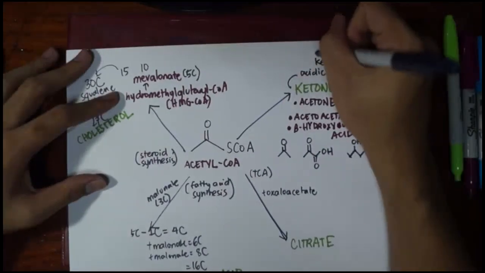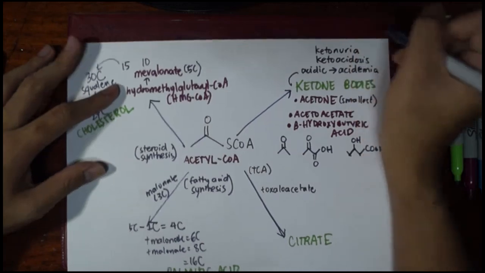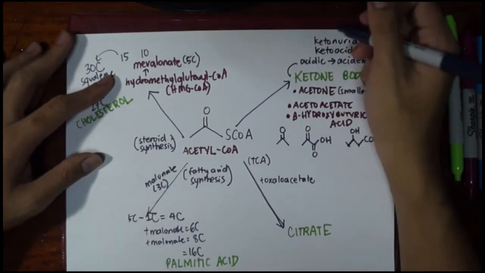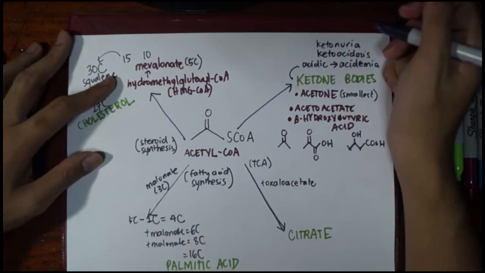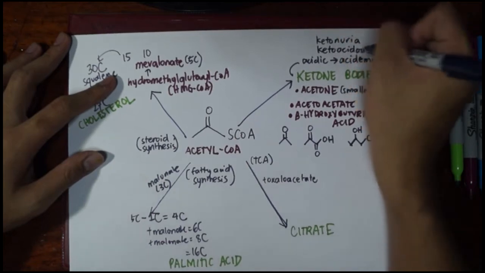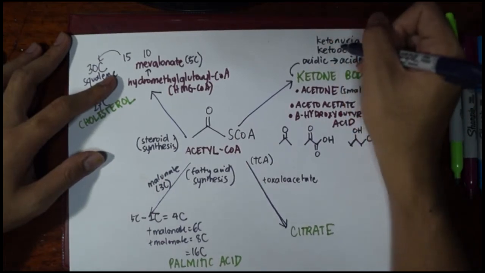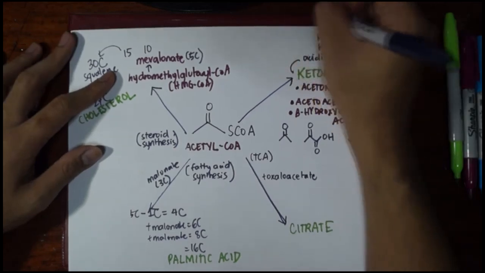Another condition that could come out of this is ketonuria, which means presence of these ketone bodies in urine. Could be indicative of any underlying disease. Alright? For example, ketoacidosis could actually be an adverse effect of diabetes mellitus type 1. Alright?